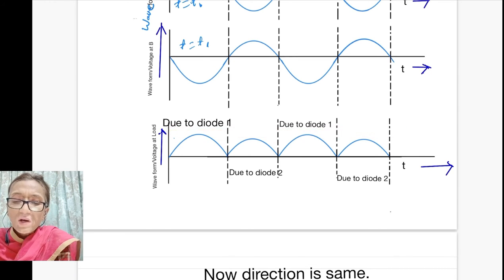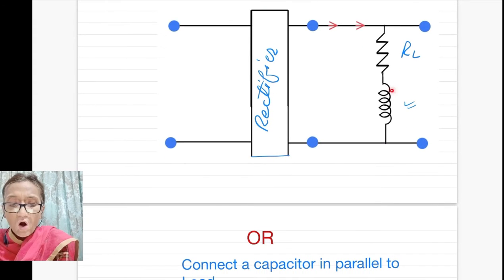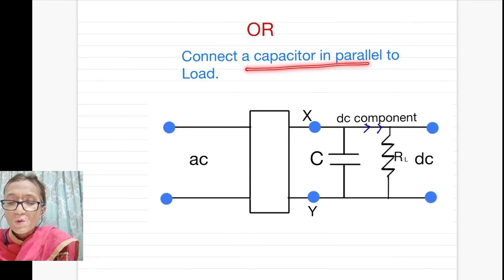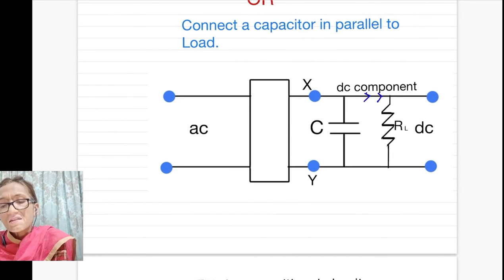So either you connect an inductor in series with load resistance or connect a capacitor in parallel to load. So how does it consume the variations?